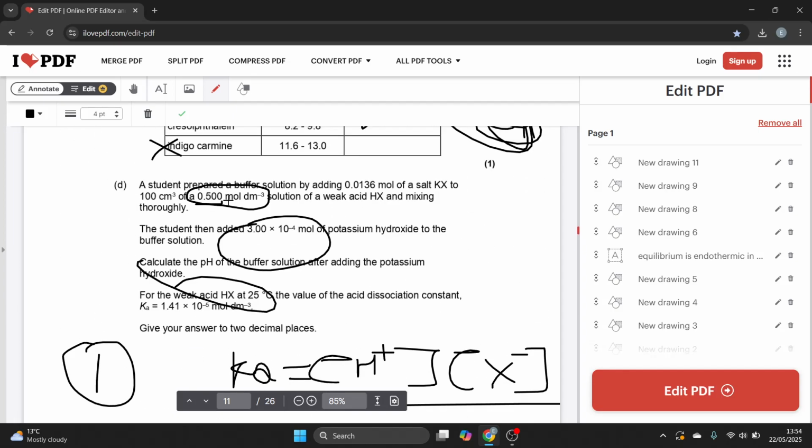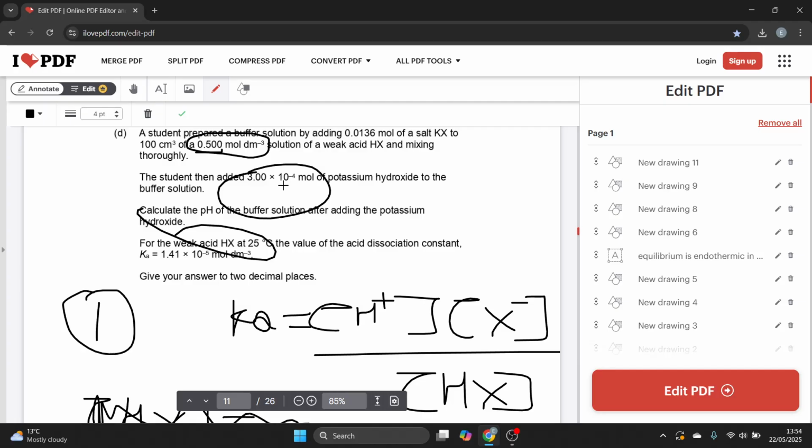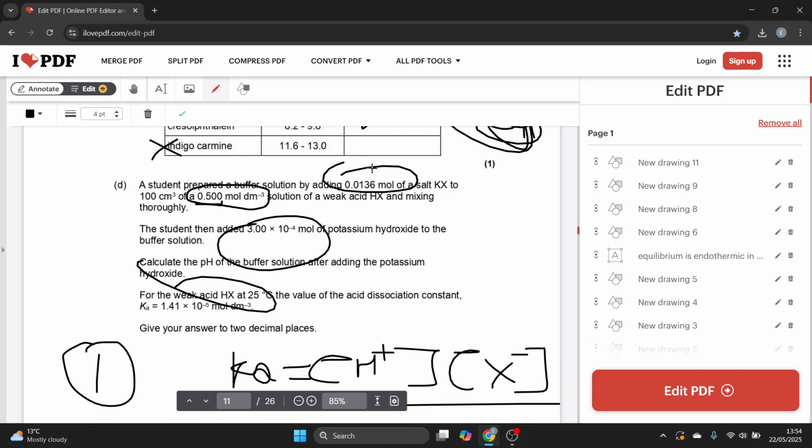If I subtract 3.00 times 10 to the power minus 4, I'm not going to do that, am I? I'm going to do 0.05, subtract this, then this 0.0136, add this.